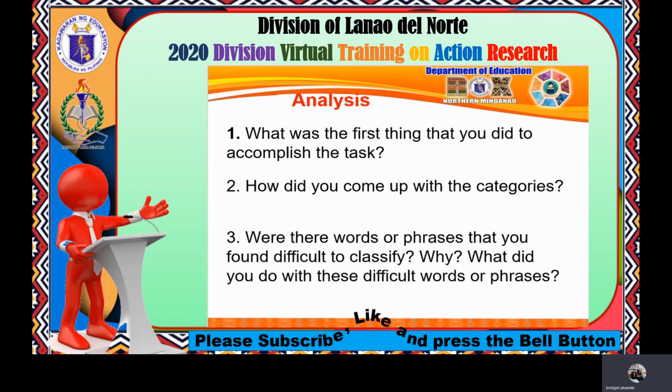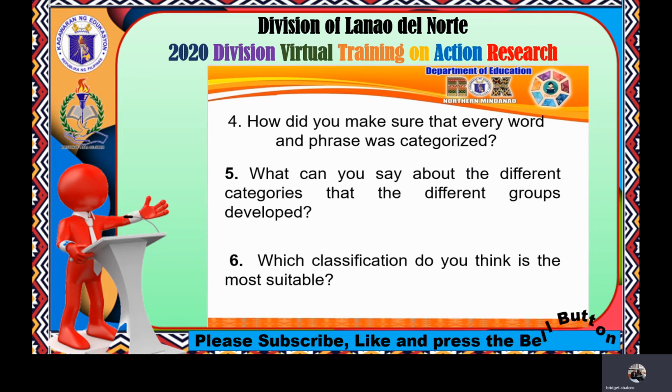What did you do with these difficult words or phrases? Another question: how did you make sure that every word and phrase was categorized? Fifth, what can you say about the different categories that the different groups developed? Number 6, which classification do you think is the most suitable one?